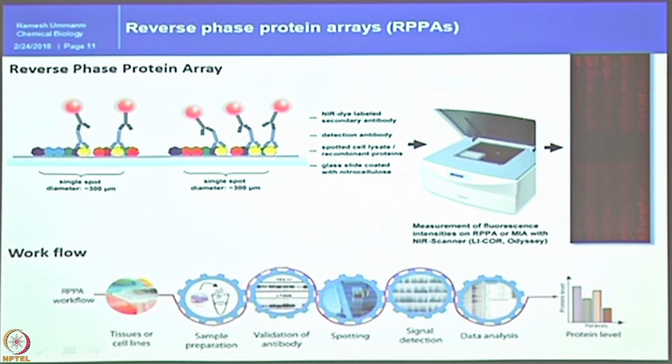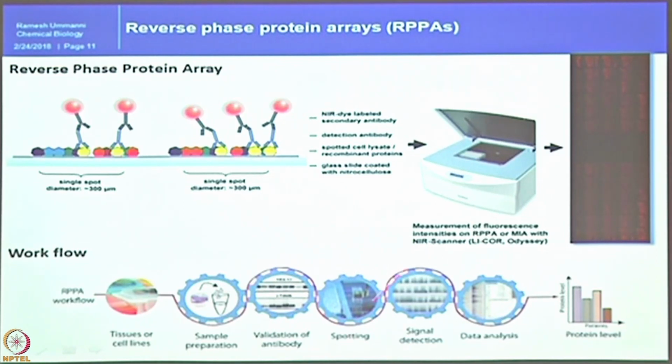Here is a complete workflow. I will walk through this complete workflow in the next 1 hour, step by step. First is tissues or cell lines, what kind of samples can be analyzed, what are the different methods to apply for sample preparation, and then how to choose antibody, what steps to take care of while selecting antibodies for RPMAs, and how to avoid issues later on.